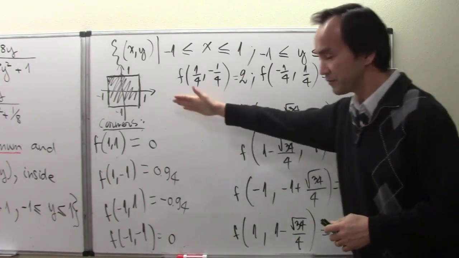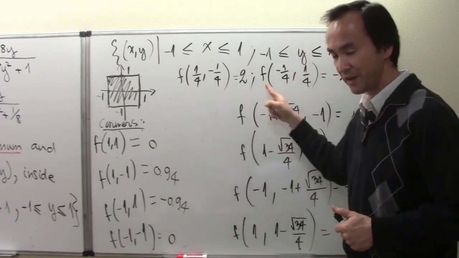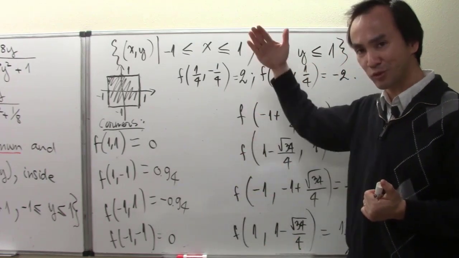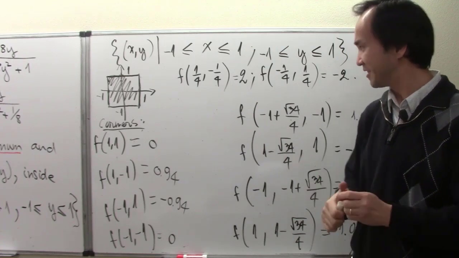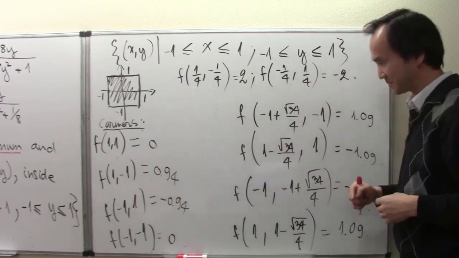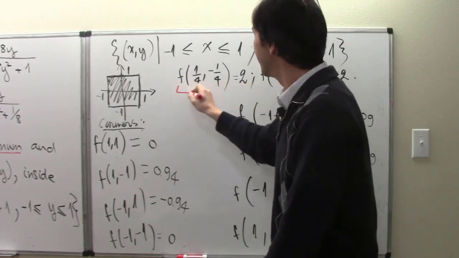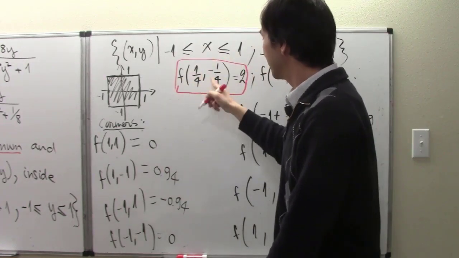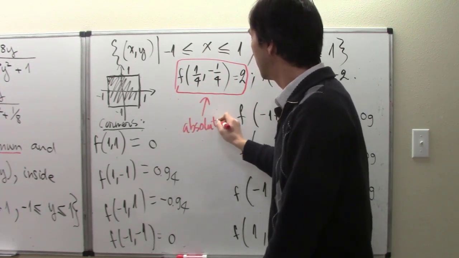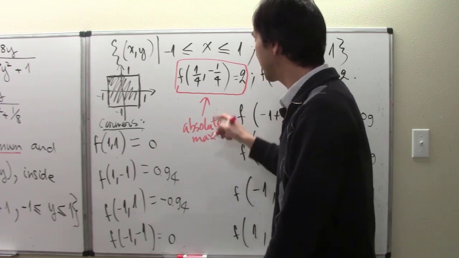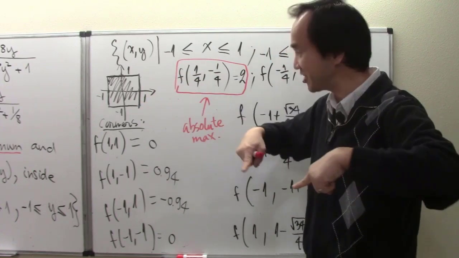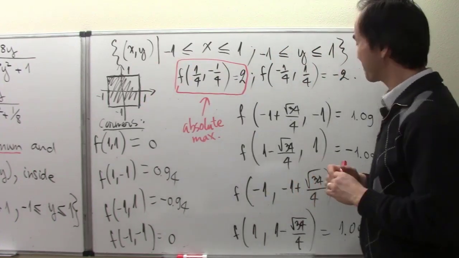So now with all of these points with values, we can decide which one is the absolute maximum and which one is the absolute minimum. These are how high and how low these points reach. This one right there is the absolute maximum, simply because at that point the function value came out the highest in that restricted domain.